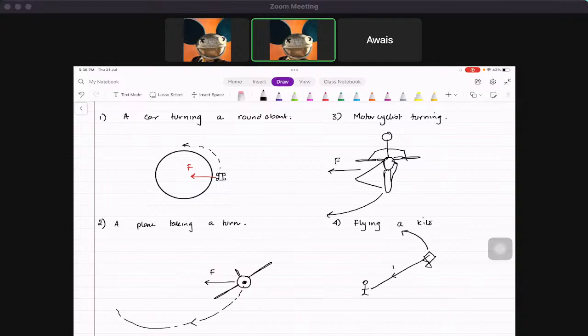So he would apply a force towards himself, which is the center of the flight, so that the kite can fly like this in a circle. Okay. If you have any questions, please let me know.